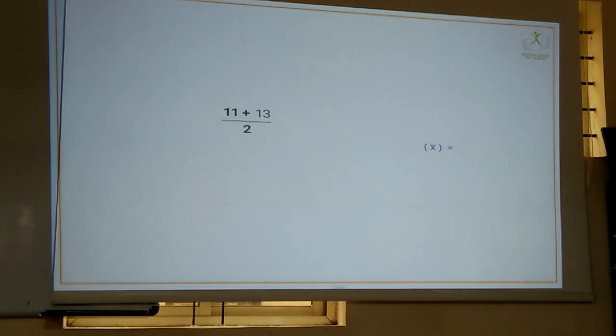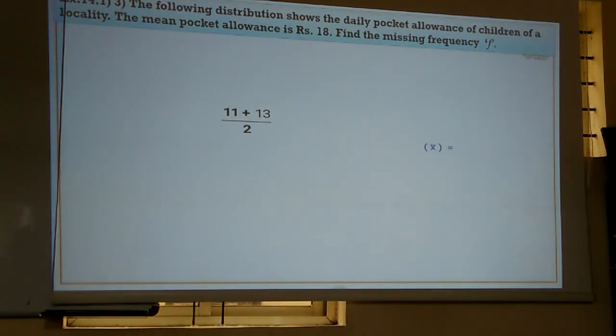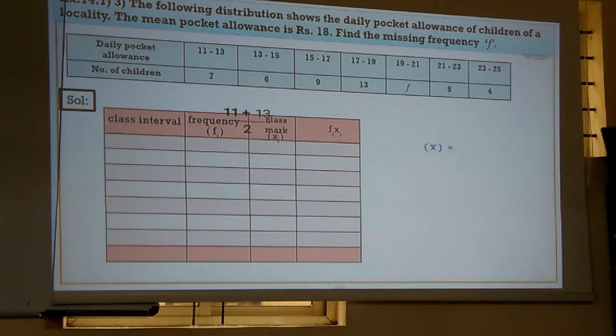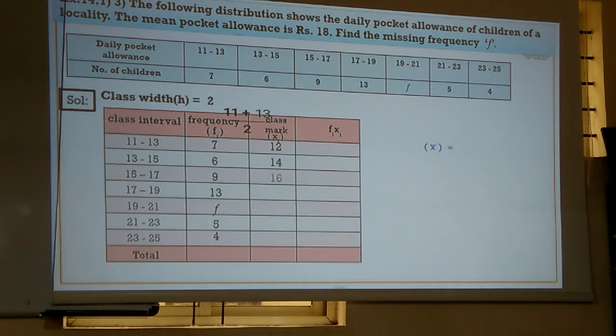Okay. Next question. This is probably the third question. Daily pocket allowance. The following distribution shows the daily pocket allowance of children of a locality. The mean pocket allowance is rupees 18. Find the missing frequency F. They have already given the mean value. We have to find the missing frequency. Write down the tabulation like this.